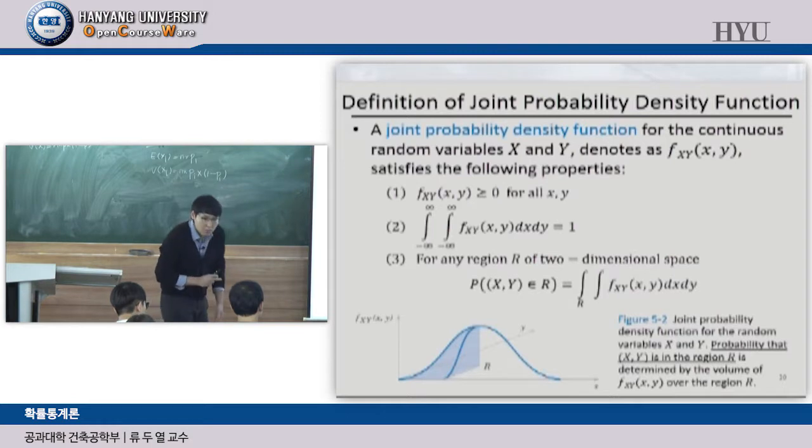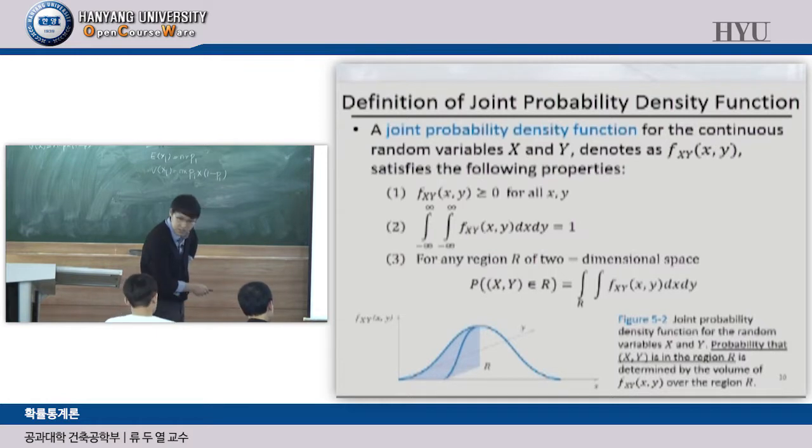And what is the probability that both random variables x and y are included in the region R? That is this shaded area, right? So there should be the double integration of the joint probability density function of x and y over the region R, okay? So for the case of the joint probability density function, these three definitions should be satisfied.